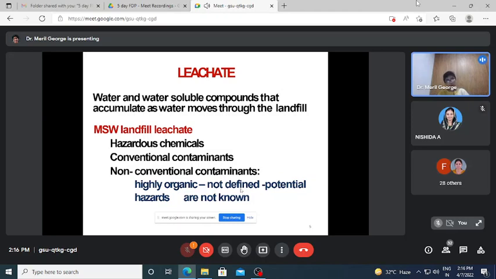So 90 to 95% of organic chemicals in municipal landfill leachates are of unknown composition. And also the main thing is we cannot generalize the composition of leachate. For one particular site, it will be of a separate characteristic. When we consider a nearby landfill, its leachate will show some other characteristics. It is very hard to generalize the character and composition of leachates.